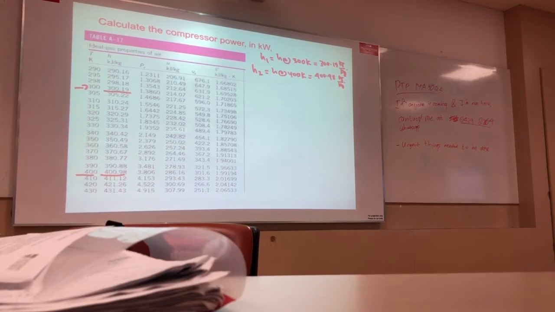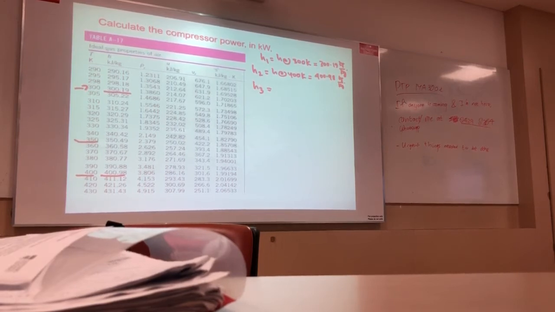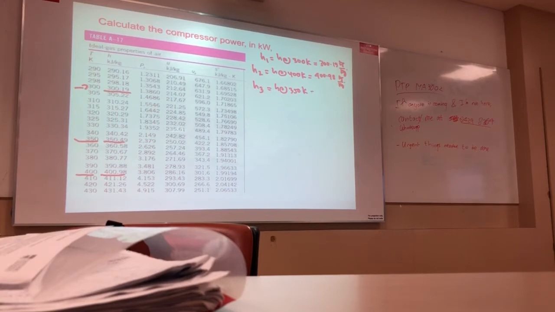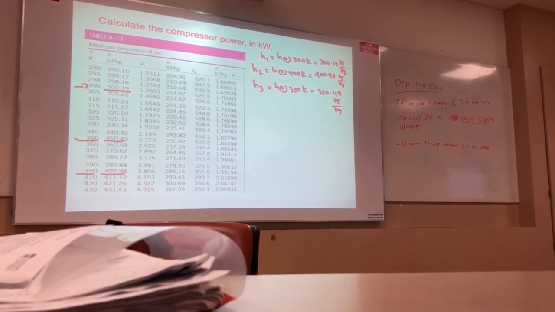Correct. What is H3? H3 is 350. What is H3? 350. Yes, 350. H at 350 Kelvin, 350.49 kilojoule per kilogram.